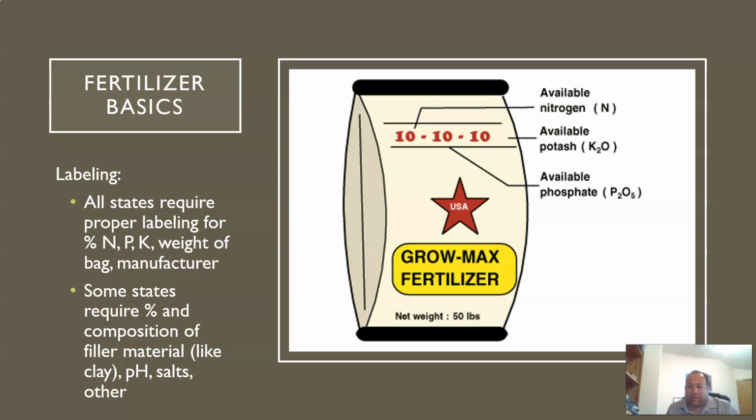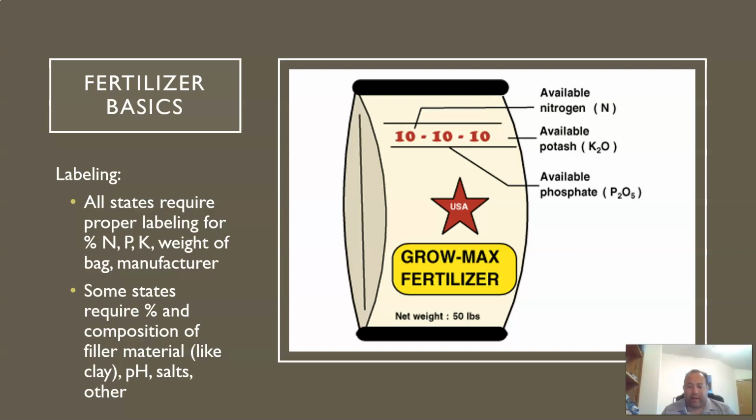This was something we talked about a little bit last week, but we'll go into a little more detail. The idea of the fertilizer bags and the labeling on the fertilizer. Usually what we'll see is nitrogen, phosphorus, and potassium, or NPK, and it's a percentage of each of those things within the bag.